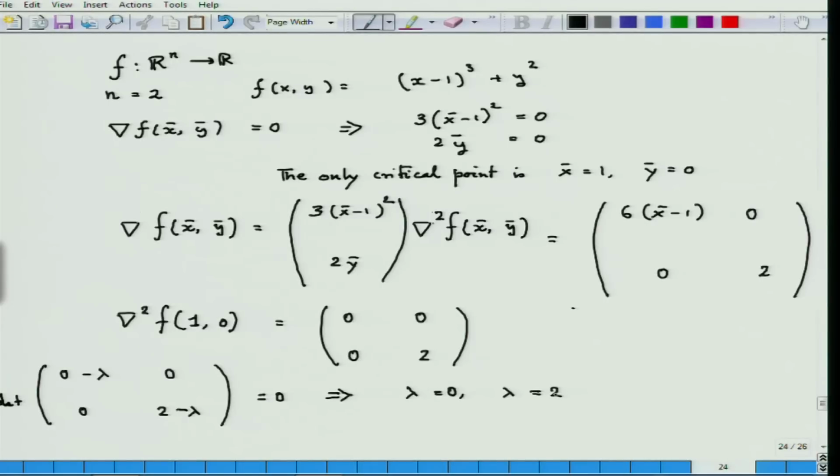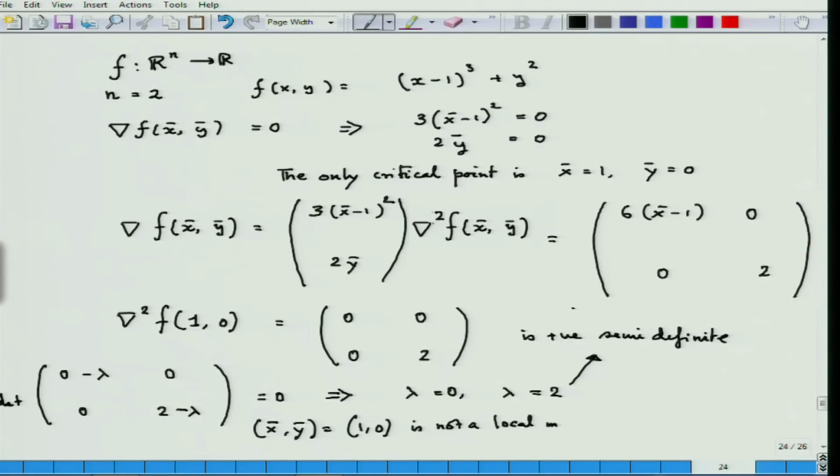So, this matrix is positive semi definite, but not positive definite. In fact, x bar y bar equal to 1 0 is not a local min.